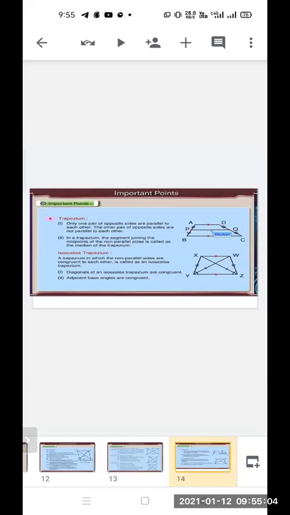Only in an isosceles trapezium are the diagonals congruent, and also adjacent base angles are congruent.